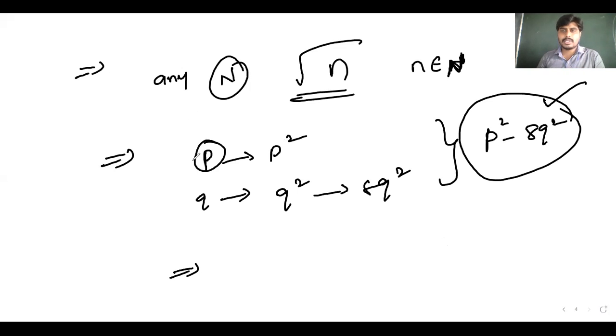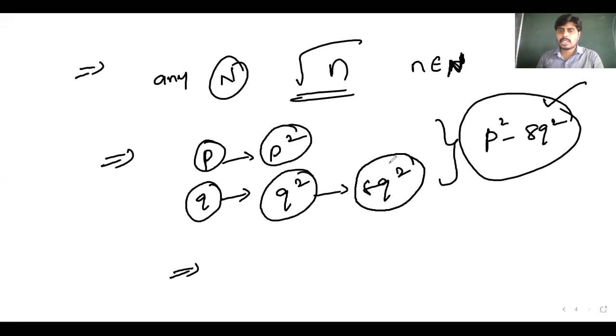If p is an integer, p square is also an integer. And q is an integer, q square is also an integer, and 8q square is also an integer. And p square minus 8q square is also an integer, isn't it?